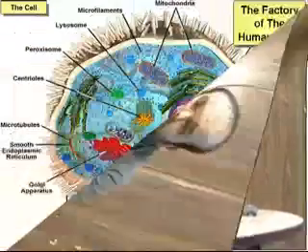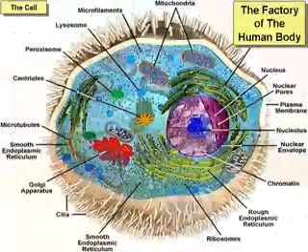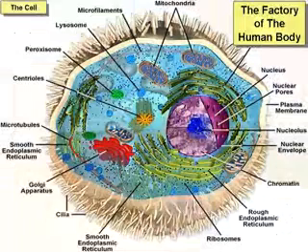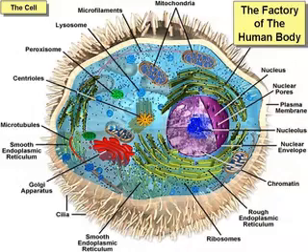Now, it's known for a fact that DNA is found inside the cell, and the cells are the factories of the human body. So the DNA, this information, is found inside the cell, and it can control the production of proteins within the cell.